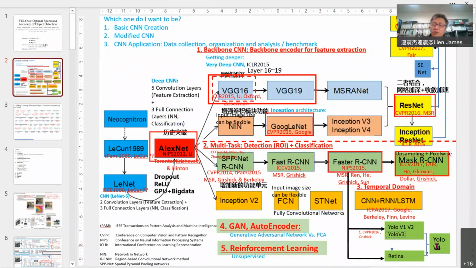Actually YOLO V4 gets two ideas: one is RetinaNet, the other is PANet. YOLO V4 basically does a good job of modularization. The basic idea from RetinaNet is also based on the idea from PANet. And we talk about this one.